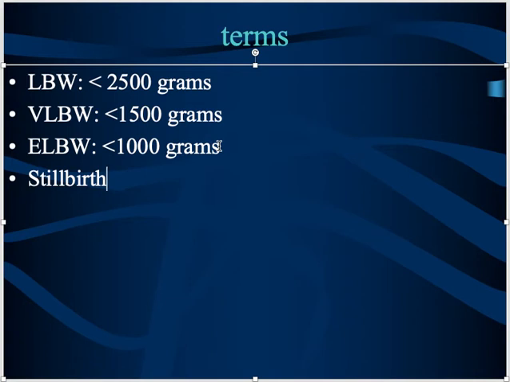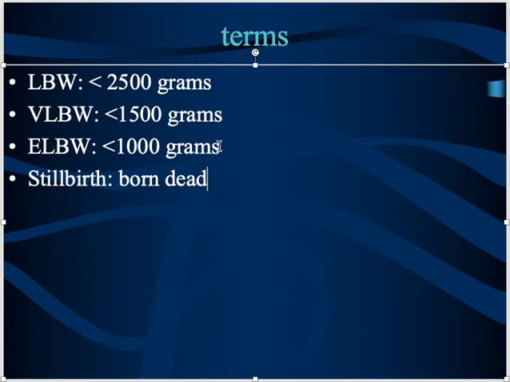So for example, if a fetus is born with no signs of life and the fetus has completed 24 weeks of pregnancy, that is called stillbirth. Remember guys, if the fetus shows some signs of life on birth and after that they die, that is not a stillbirth. So basically these are the babies who are born dead.